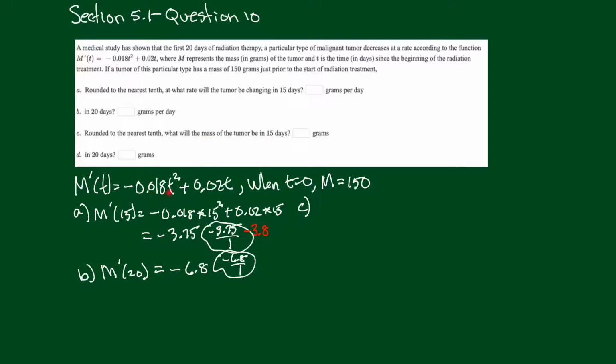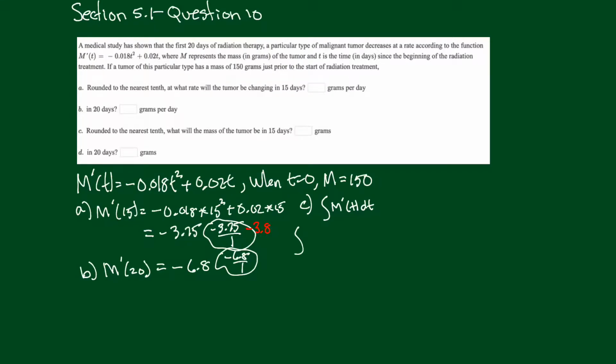So we're given the derivative. That's how the mass changes. What we want is the mass itself. So we need to anti-differentiate this function to get back to the mass. We want the antiderivative of m prime of t dt. In this case, m prime is negative 0.018 t squared plus 0.02 t with respect to time.